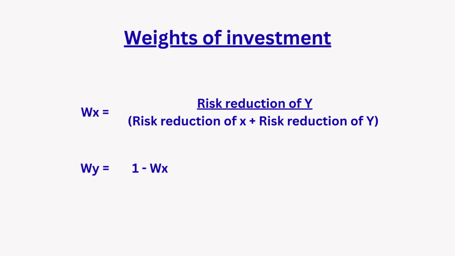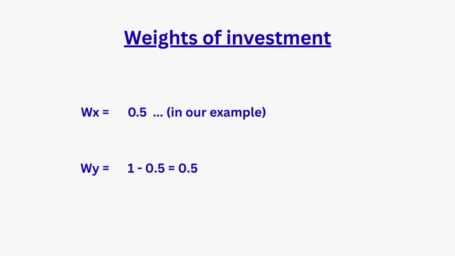And for the weight of y, we will subtract weight of x from 1. And by this, we will get our optimized weights of x and y to achieve the lowest possible risk. And applying the formula, we will get the weight of x as 0.5, that is 212 divided by 425. And weight of y will be 1 less weight of x, which is also 0.5.